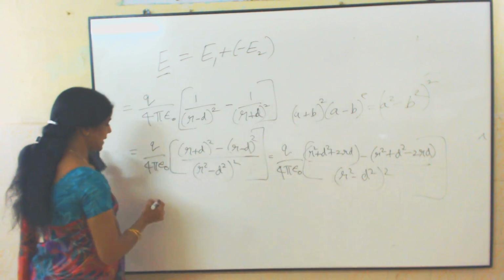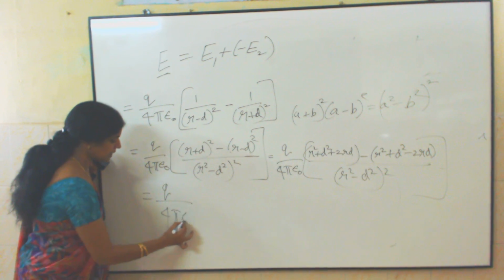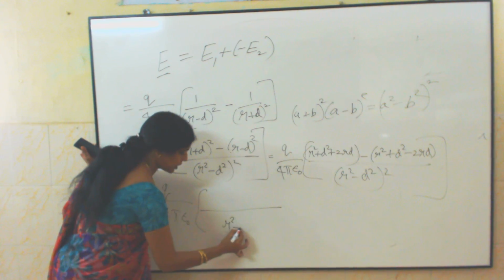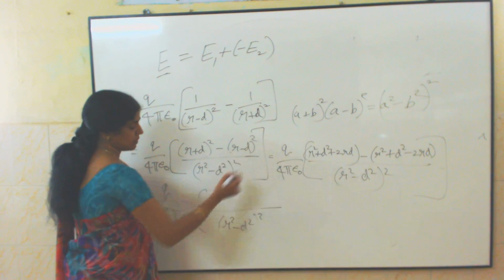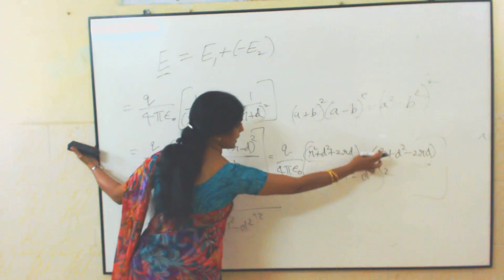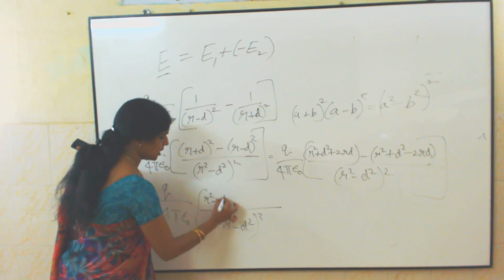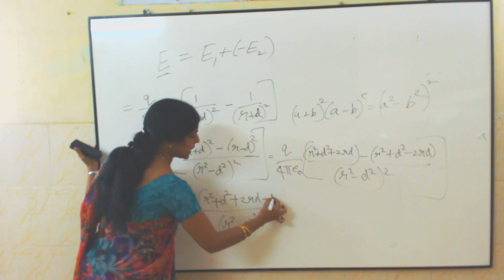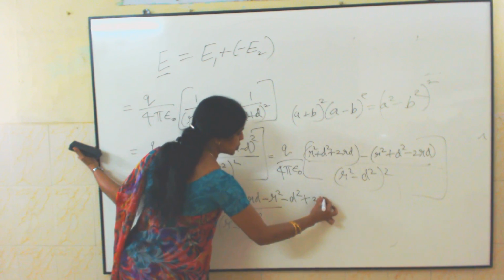Now again we expand this. Q by 4 pi epsilon naught. So in the denominator I have R square minus D square the whole square. Here if you remove this bracket, take the minus inside. So in the numerator I have R square plus D square plus 2RD minus R square minus D square plus 2RD.